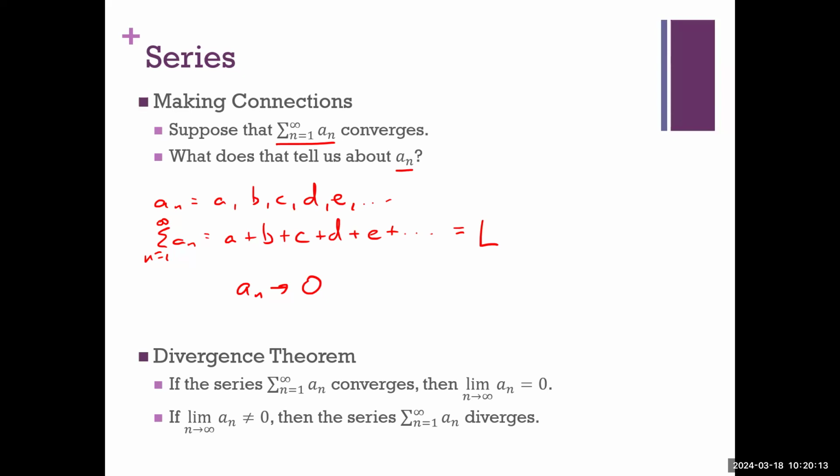If you have a series that converges, then the sequence has to converge to zero. And going at it from the other direction, if you have a sequence that does anything other than converge to zero, the series cannot converge. How are we doing with this idea? It's a pretty quick way to tell if a series diverges, if you can fail this test here.